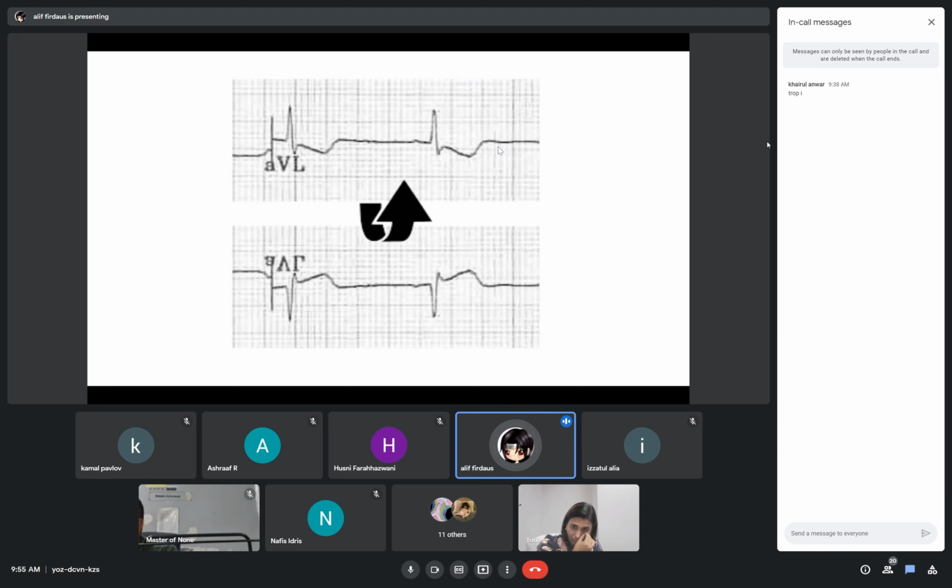From this slide, I just want to show what reciprocal leads mean. For example, for AVL, the reciprocal image is just the mirror image of the lead. If in this AVL we can see the ST depression, its mirror image is the ST elevation, the reciprocal changes in the ECG.